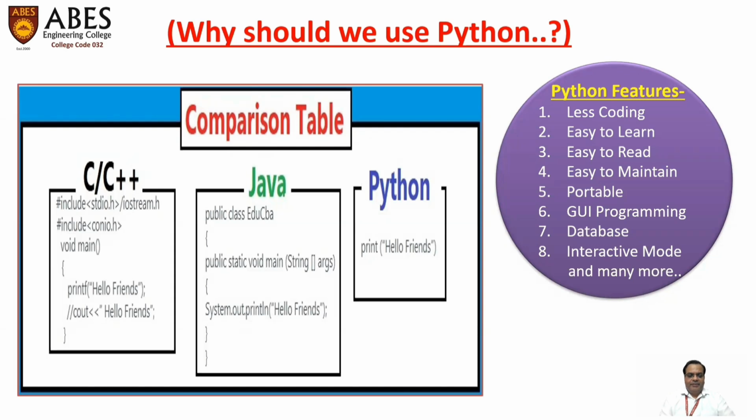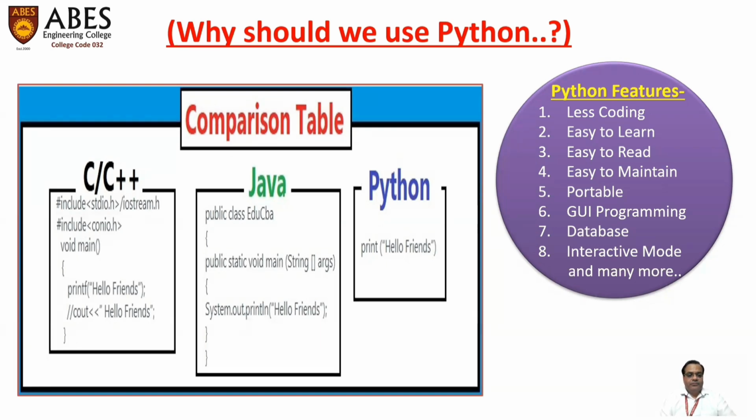In this slide, I am telling you about why we should use Python. When we have programming languages like C, C++, Java, then in that case, why should we use Python? Friends, I am taking a simple example of printing hello friends. In C and C++, we have to write our code in such a way where we have to include some header files.